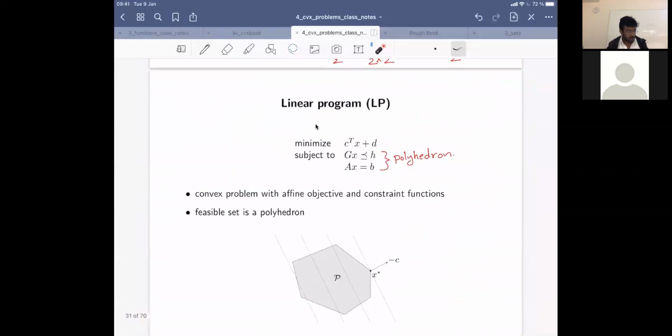Now we will move to a more interesting section. So far we saw how to define a convex problem, how to link a quasi-convex problem to a convex problem, and we also saw some optimality conditions.